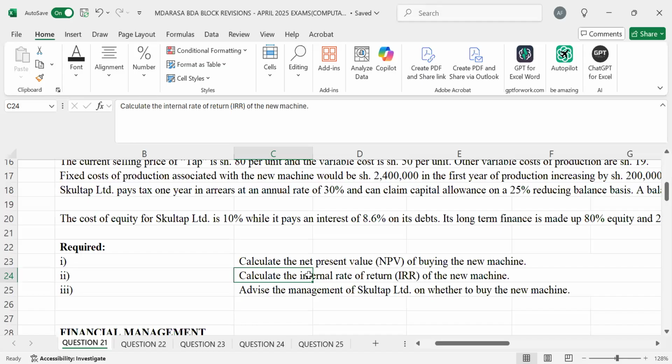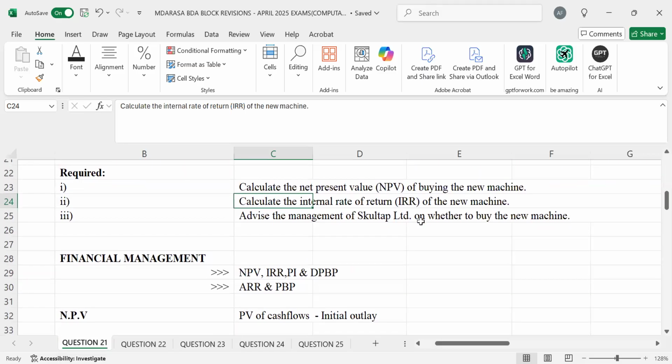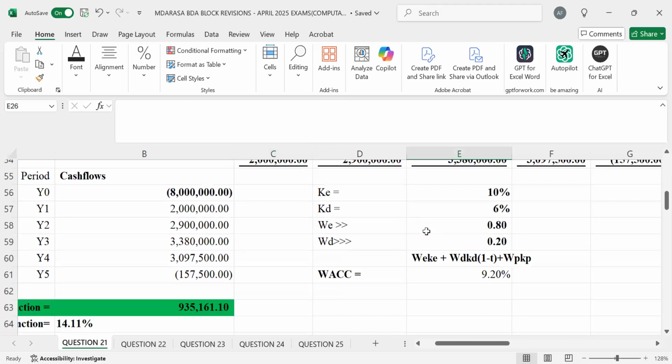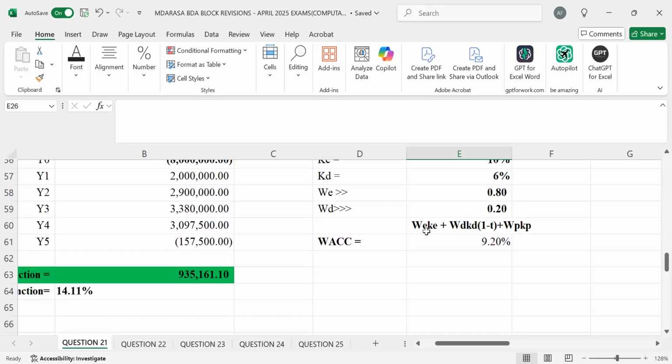In this case, we were asked, I think, we are supposed to also consider the chart. Determine, in this case, calculate the internal rate of return of the new machine using a chart. This question was supposed to be using a chart, to use a chart to determine our IRR.